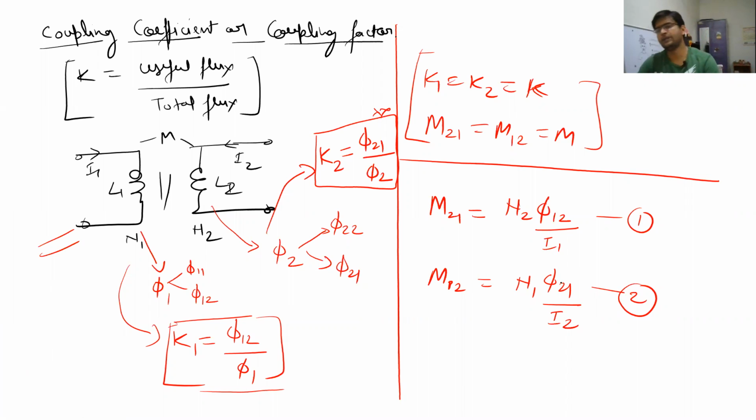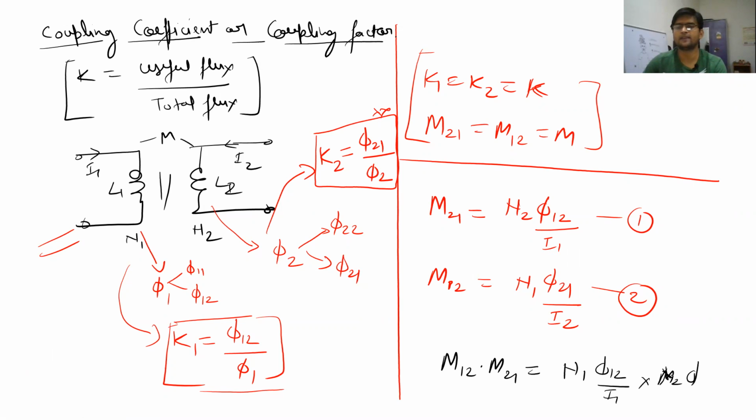Now, if we multiply equation 1 and equation 2, what we will get? M12 into M21 will be equal to N1 phi 12 upon I1 multiplied by N2 phi 21 divided by I2.